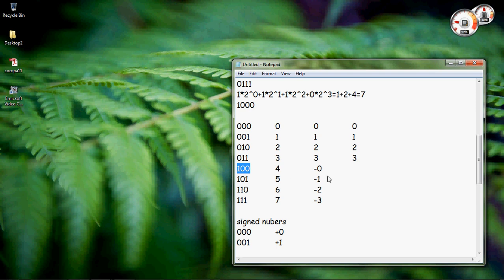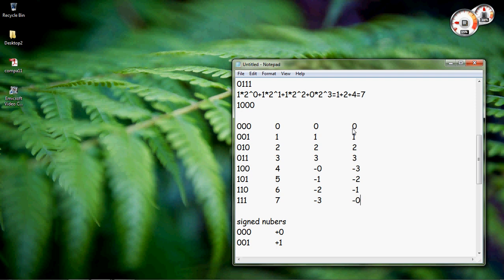So 1 0 0 always represents -3 in the one's complement system. This 1 0 1 is the one's complement of 0 1 0, so this will represent -2. Similarly, this will represent -1, and this will represent -0.